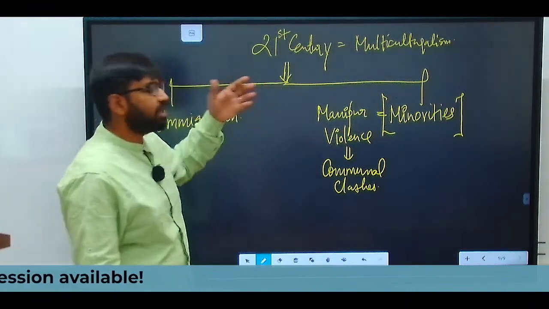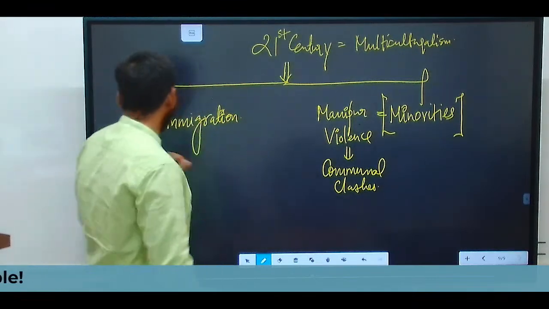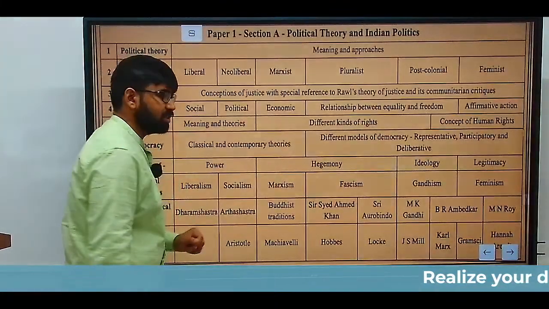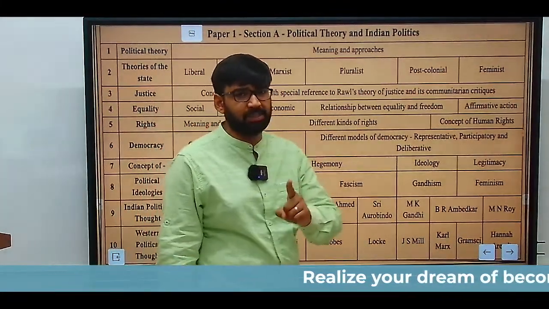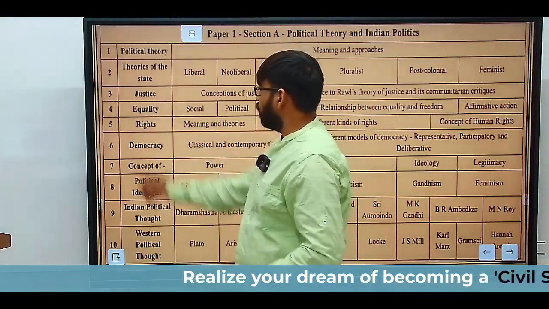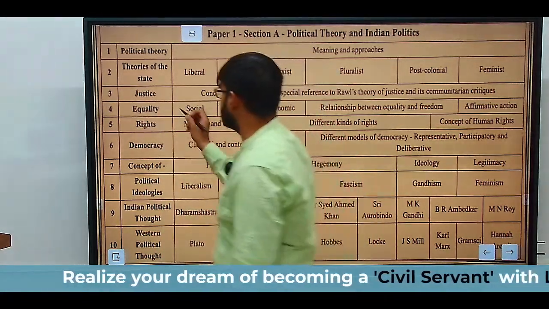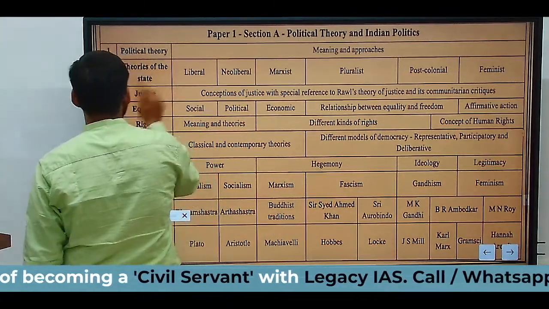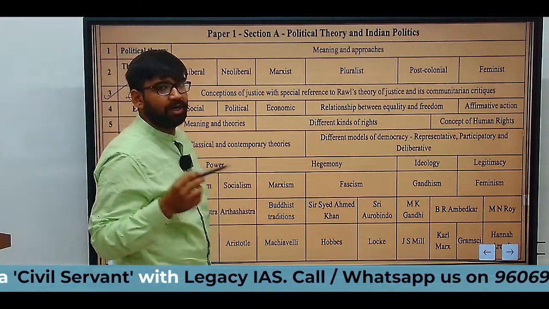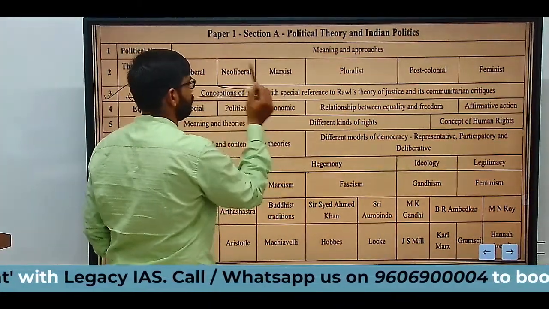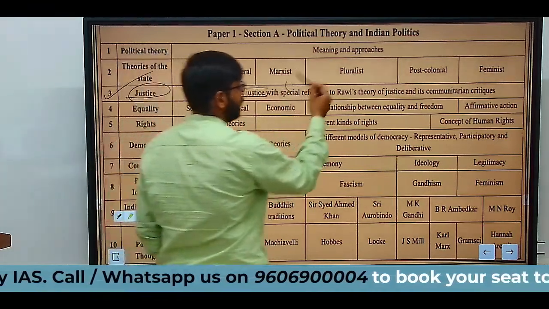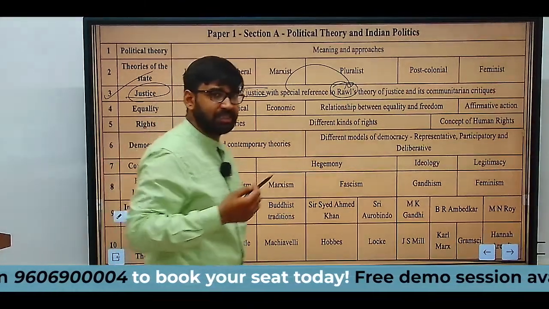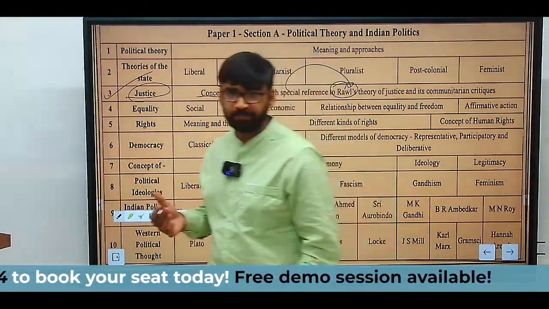So after the completion of theories of rights, you should go through theories of justice, because the state has to work on the principle of justice. So chapter number 3, justice. Here are different theories, different conceptions of justice, and special reference is given to John Rawls' theory of justice, who says justice as fairness.